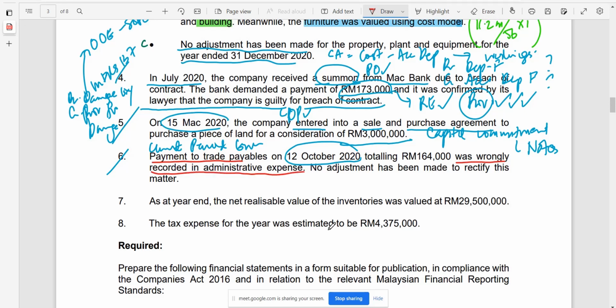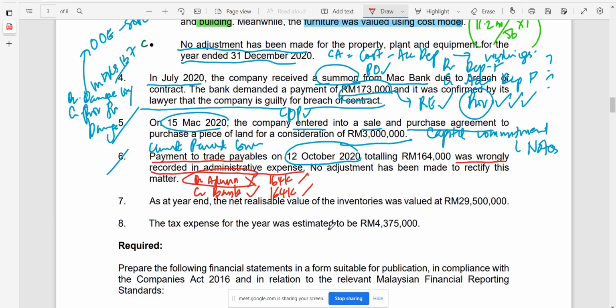So the error is that you have debited the admin expense and you credited the bank account. Bank account is correct. You debit your admin, you credit your bank. This is right, this is wrong. The amount is correct, 164. So what was wrong is just this part.